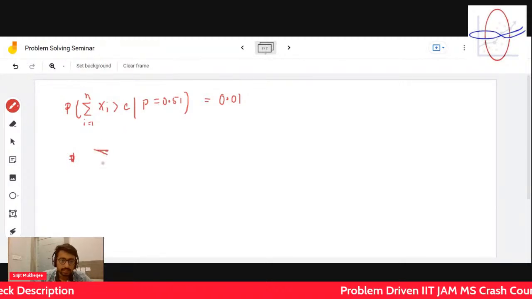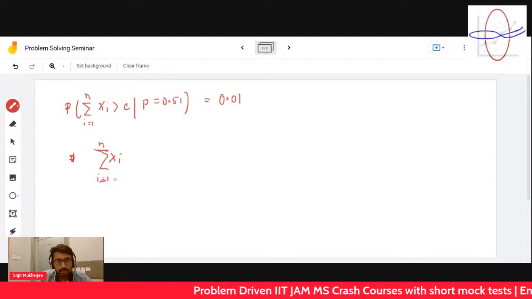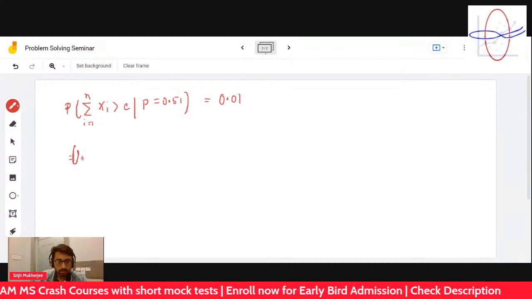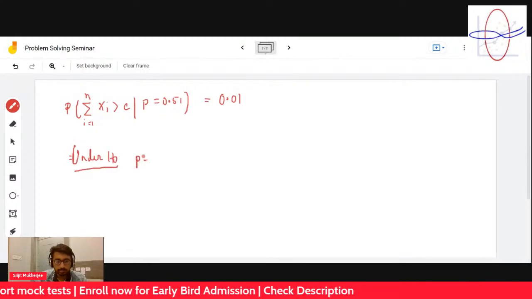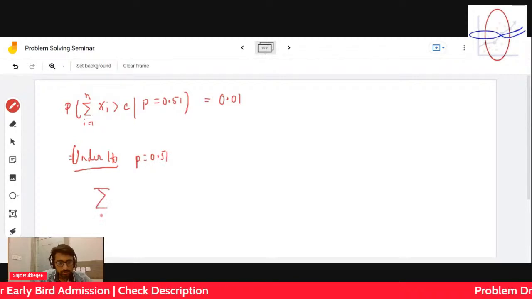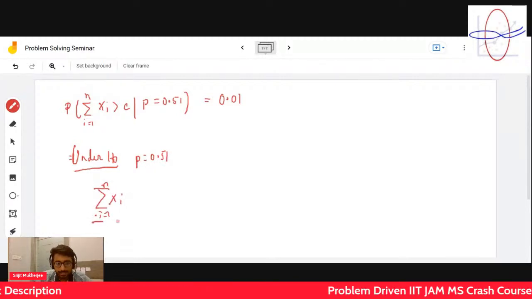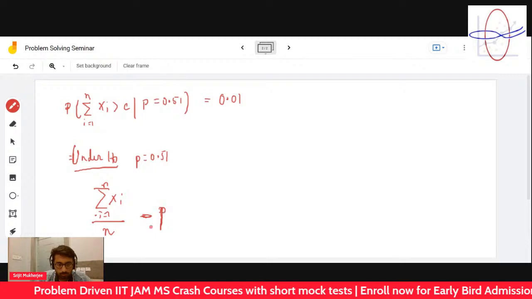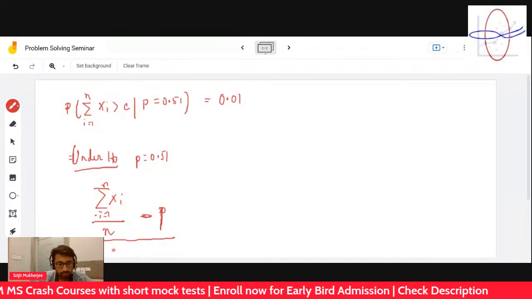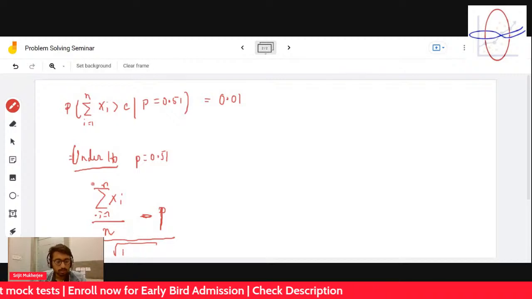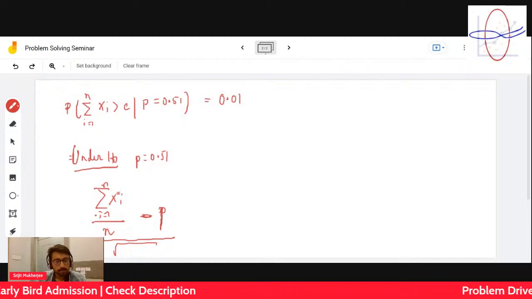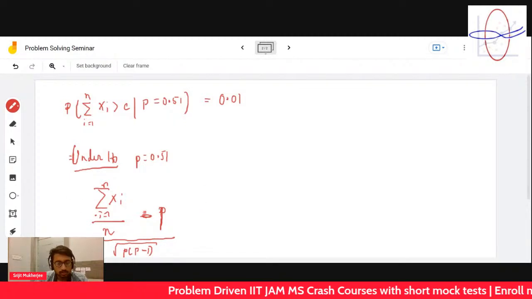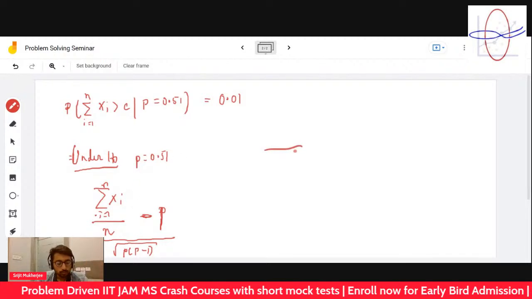It's given in the hints that summation Xi by n, under H0, that is P is equal to 0.51, summation Xi from 1 to n by n, this is X n bar, minus P, divided by the square root of the variance of X bar. So what is the central limit theorem?